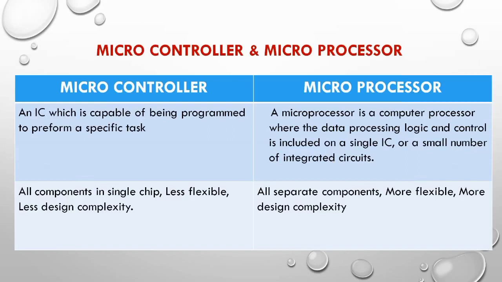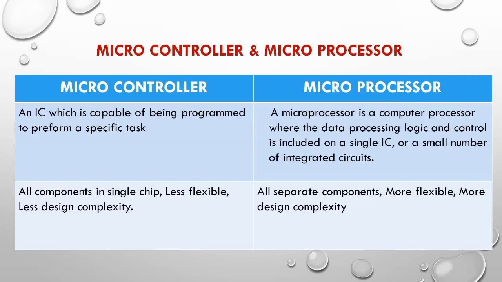And here, microcontroller and microprocessor. These are the differences between a microcontroller and a microprocessor. A microcontroller is an integrated circuit which is capable of being programmed to perform a specific task. A microprocessor is a computer processor where the data processing logic and control are included in a single IC. In a microcontroller, all the components are in a single chip.